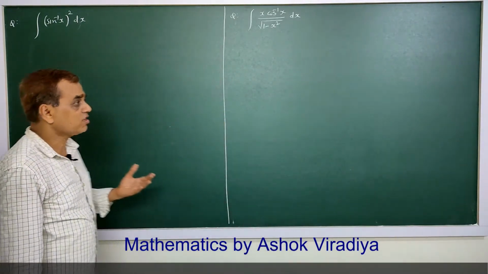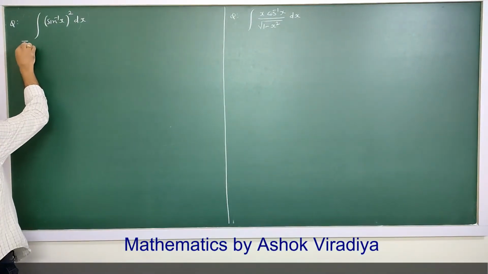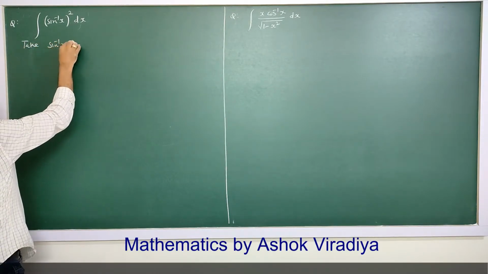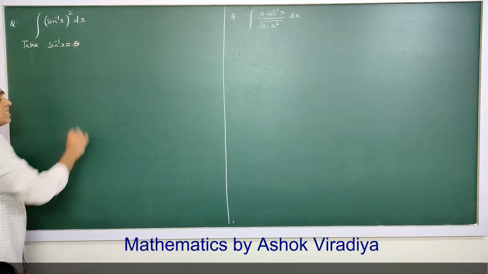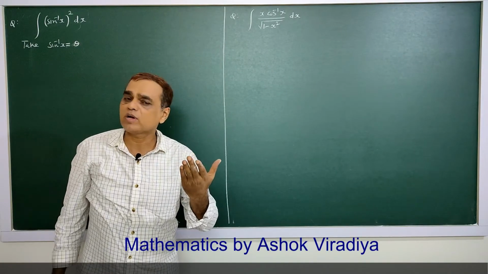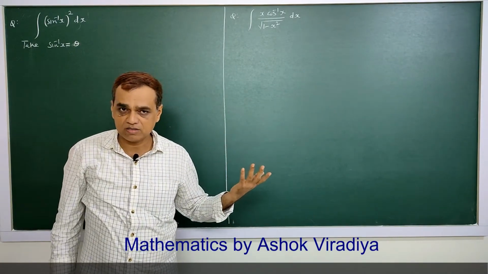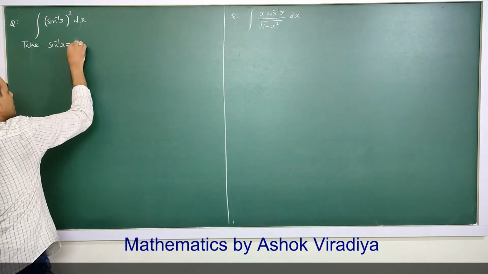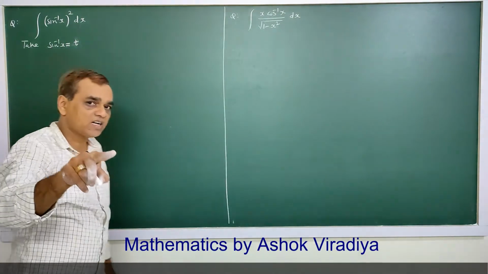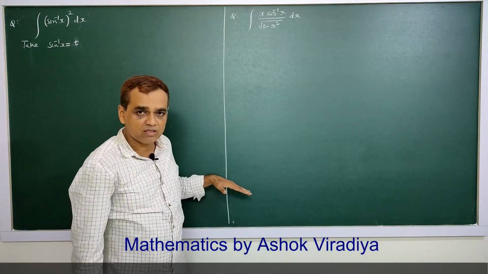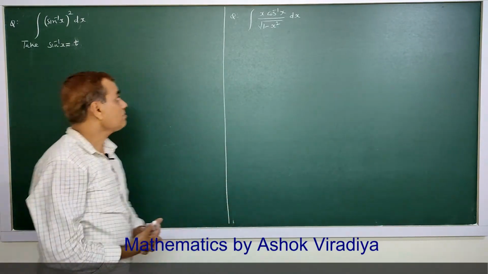So in this question also we take sin inverse x equal to theta. You can use the symbol theta, or t, or any symbol. Suppose in this question I take t, in the last question I used theta. If you take t, everything will be in t. So you can use any symbol.